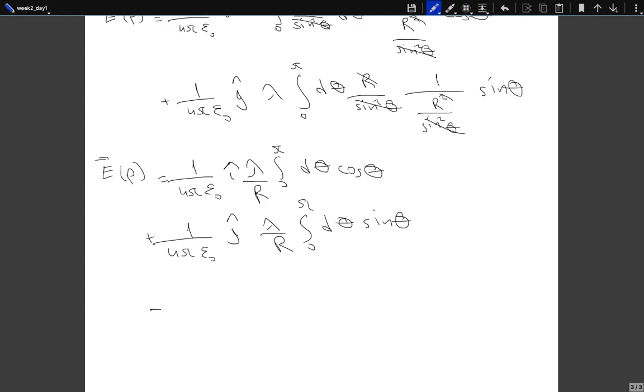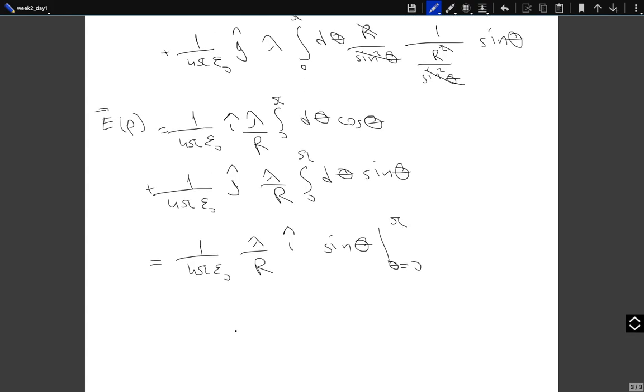Let's evaluate the integrals. 1 over 4 pi epsilon 0 lambda over r in the i hat direction, the integral of cosine theta d theta, which is sine theta, when theta goes from 0 to pi, plus 1 over 4 pi epsilon 0 lambda over r in the j direction, the integral of sine theta, which is minus cosine theta. Again, theta goes from 0 to pi.